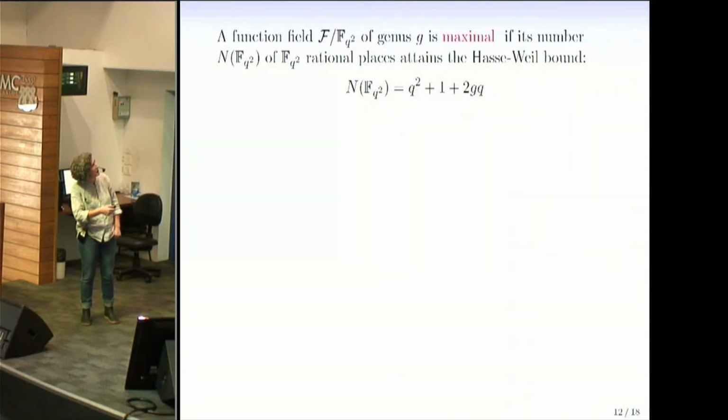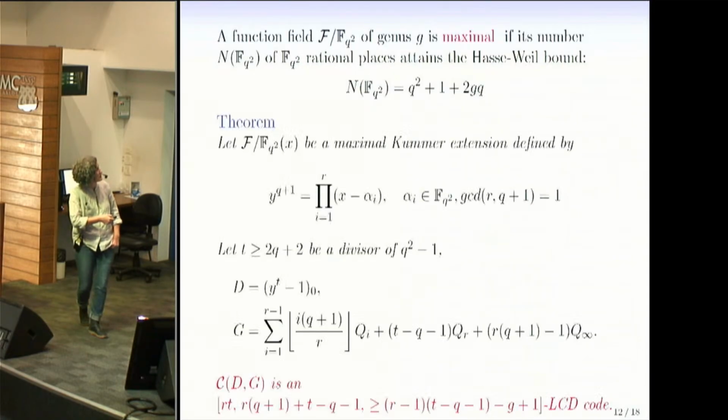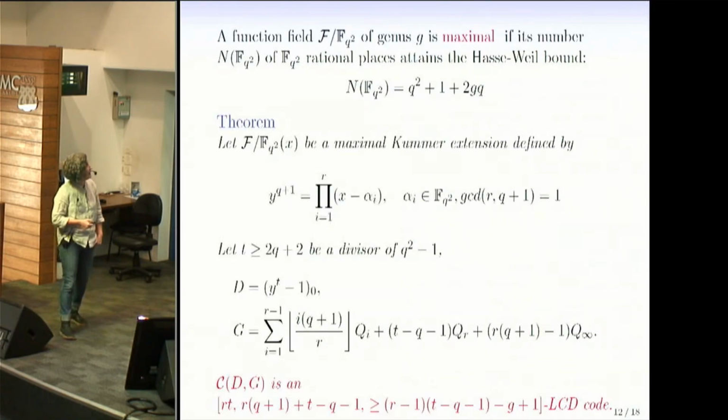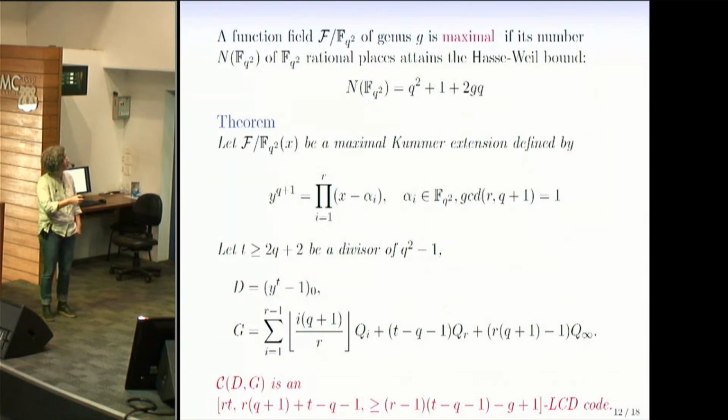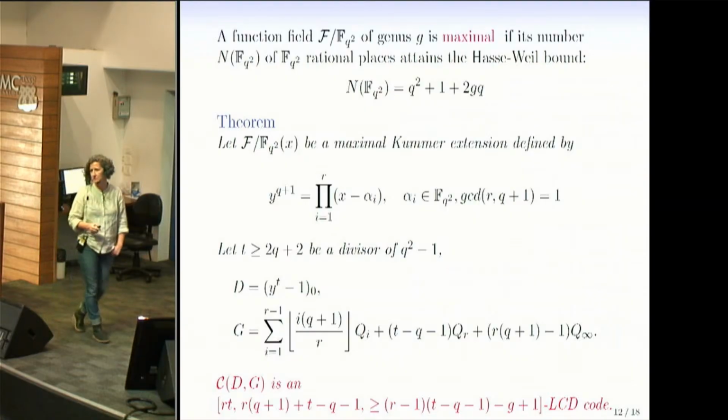It means that the number of rational places is q squared plus 1 plus 2gq. Okay. And then, if you have a maximal Kummer extension, you can choose your divisor D as being the zero divisor of this function. Okay? And then, if you choose G like this, you can prove that this code is going to give you an LCD code. That's all.